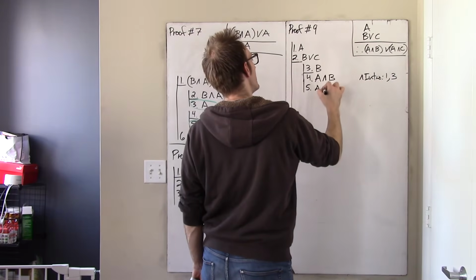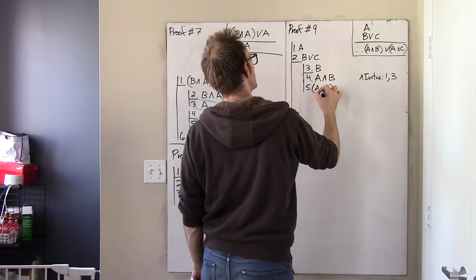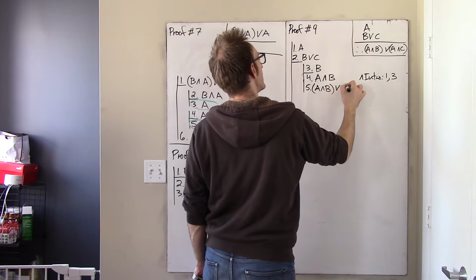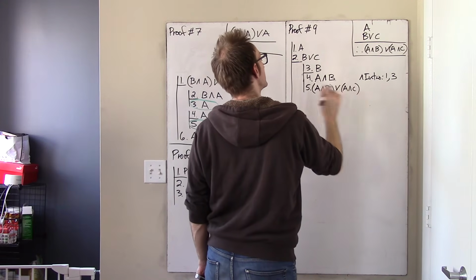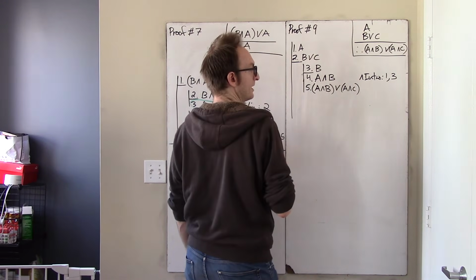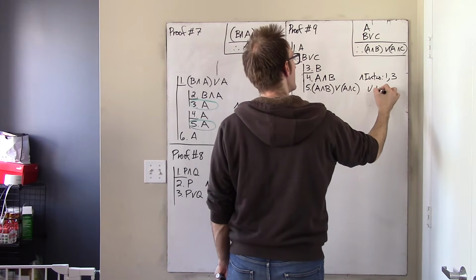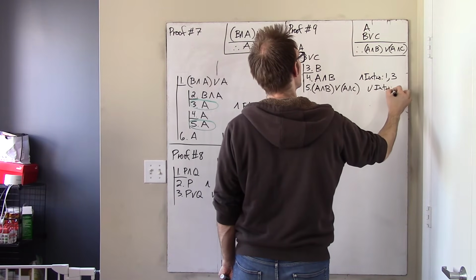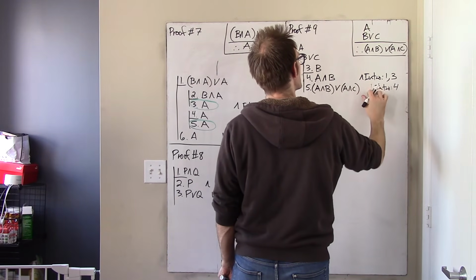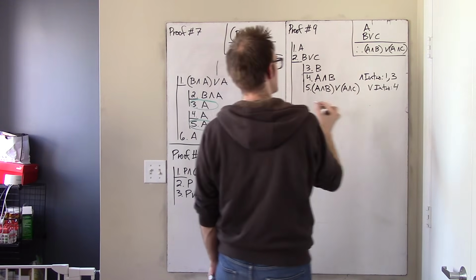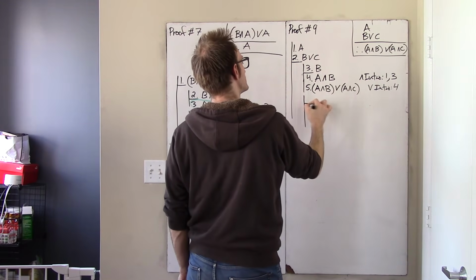And so I say A and B, or A and C. And, okay, reason, or intro 4. Okay, and that concludes my left disjunct.